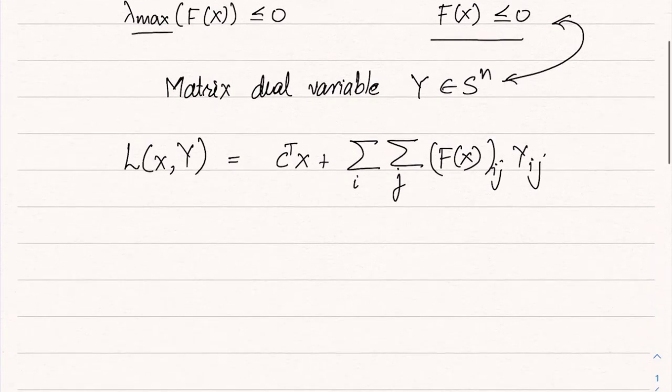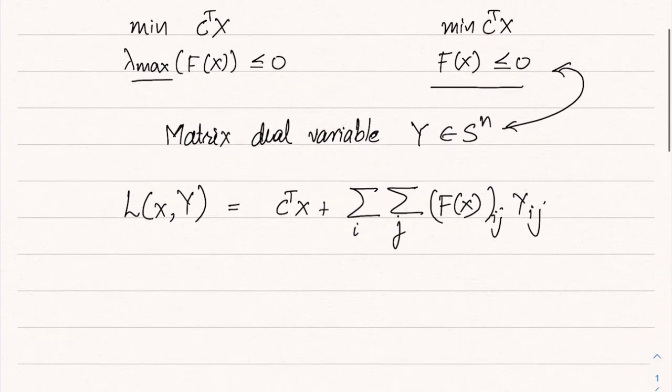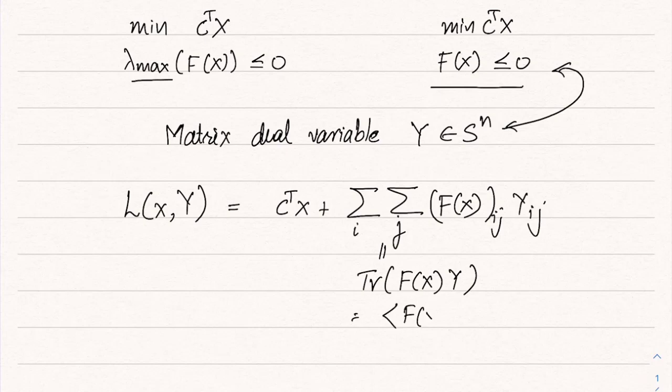And now if you remember, note that both F of x and Y are symmetric, because G and the F_i's are symmetric and Y is assumed to be symmetric. For symmetric matrices, this is nothing but the trace of F of x times Y, and this is also the inner product of F of x and Y. So we really are talking about the Lagrangian of this form: c transpose x plus the inner product of F of x and Y.